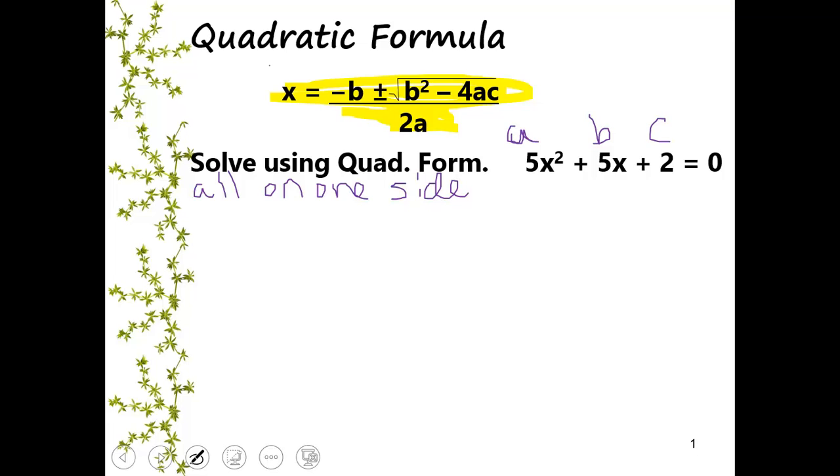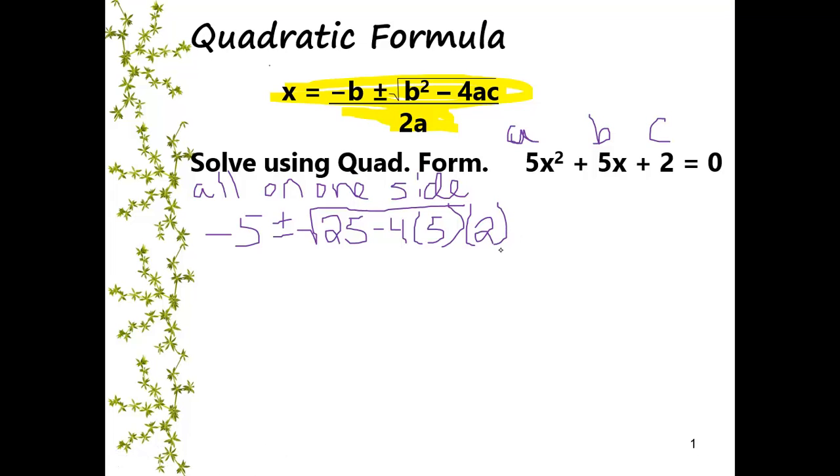And now what we're going to do is we're just going to plug in. So I have negative 5 plus or minus the square root of b squared is 25 minus 4 times 5 times 2 all over 2 times 5, which is 10.